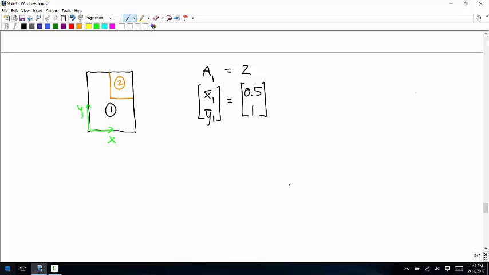Rectangle 2 has an area of 0.5 and a centroid location of 0.75 for x and 1.5 for y.